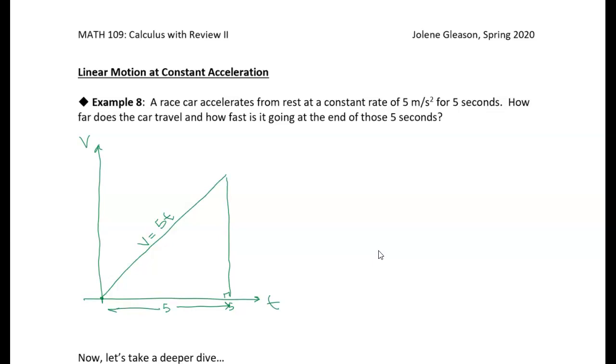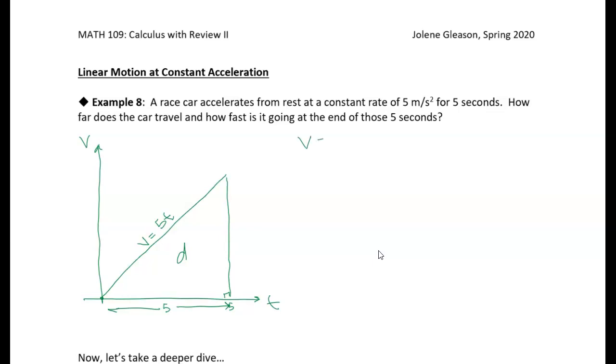And we want to find out the distance, just the area under the curve. So this is the distance that we're trying to find. So you see this triangle? We know the area of a triangle, 1/2 base times height. Now, if we can find this height, then we can use the area of the triangle.